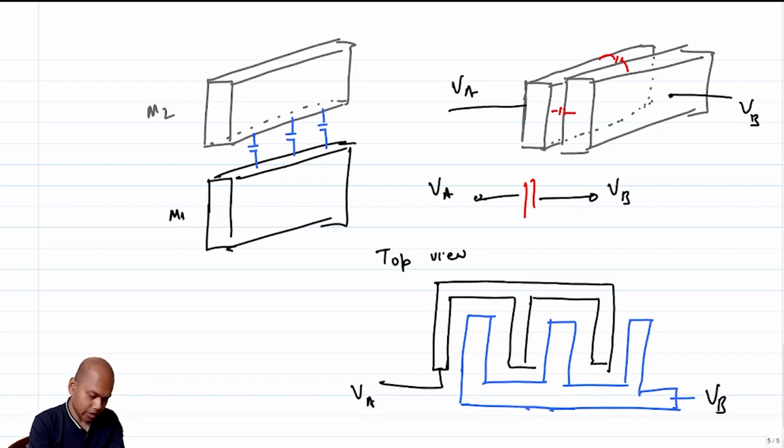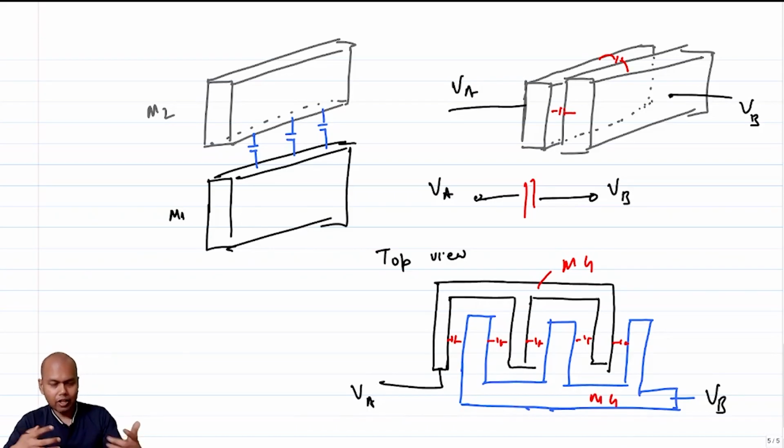And you get this intervening capacitance between the same metal layers, right? Let's say this is M4, this is also M4. So you get interdigitated, interlocking capacitances. This type of capacitance is called MIM capacitance.